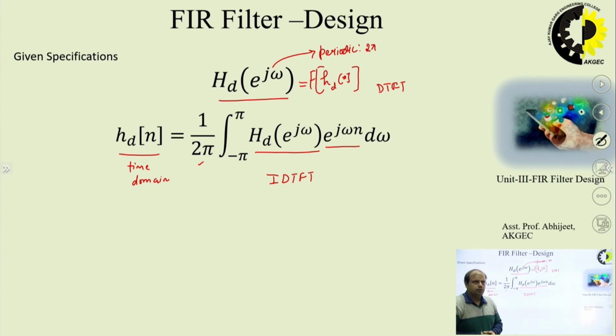But it is generally mathematically more convenient to evaluate this integration within limits which are symmetrical or anti-symmetric. So we evaluate the integral from minus pi to plus pi, where the total difference between the limits is 2 pi. Since it is periodic with 2 pi, whatever happens between minus pi and pi is what will happen between pi and 3 pi also. In this manner we can evaluate h_d of n.